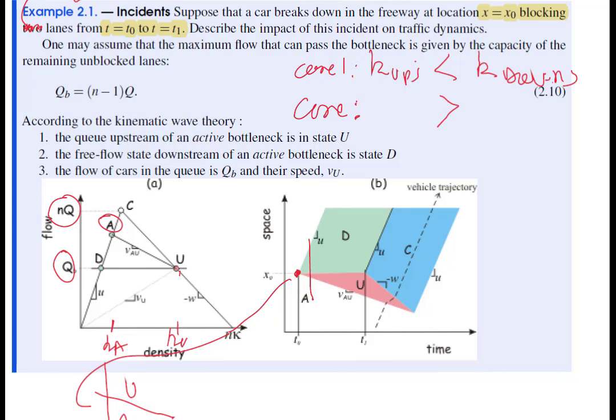If you draw this, you see clearly that we're in case 2 because the density upstream is Ka and downstream is Ku here. So the solution is a shock. The shock is shown here between A and U, so the speed VAU is the one that goes right there. Now we're going to do the same for U and D, if you want to see what the Riemann problems are.